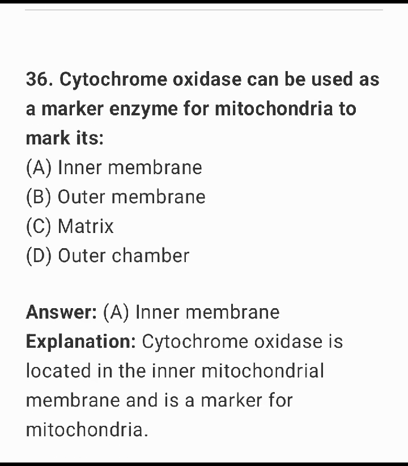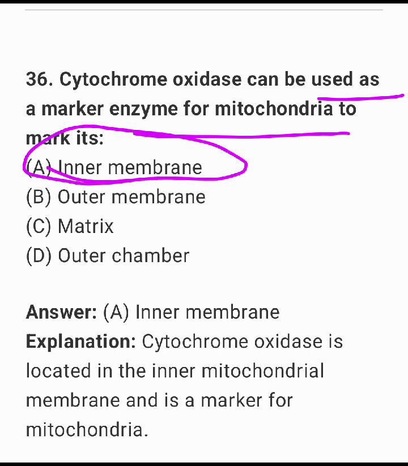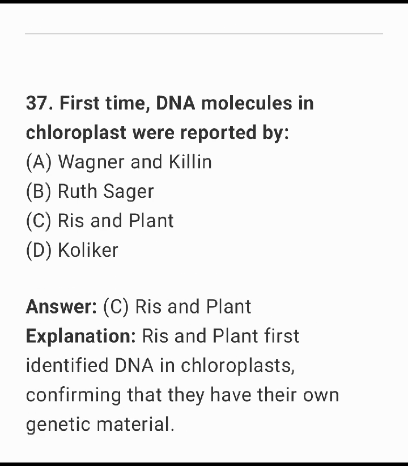Cytochrome oxidase can be used as a marker enzyme for mitochondria to mark its inner membrane. Option number A is the correct one. First time DNA molecules in chloroplast were reported by, so it was reported by Ris and Plaut. Option number C is the correct one.